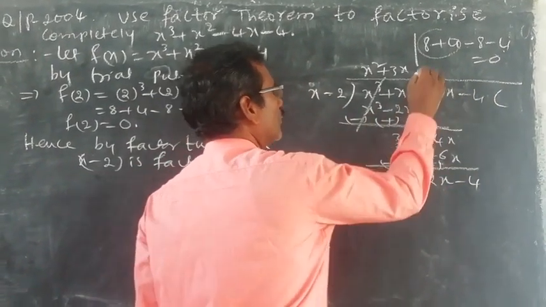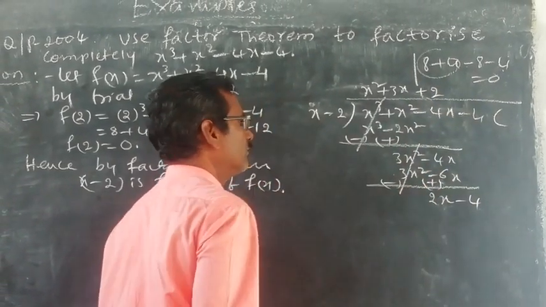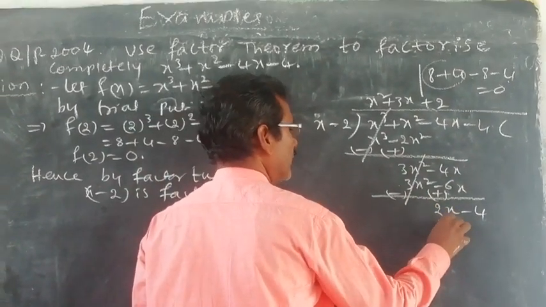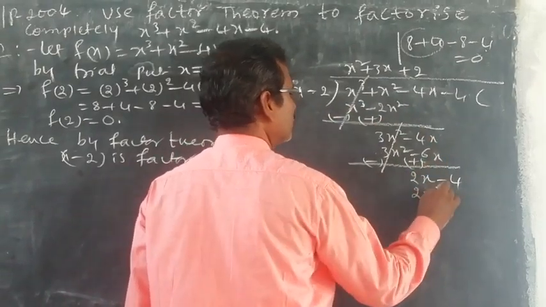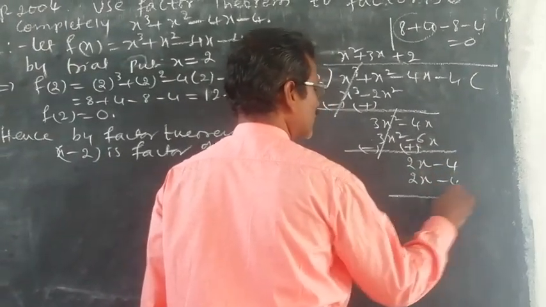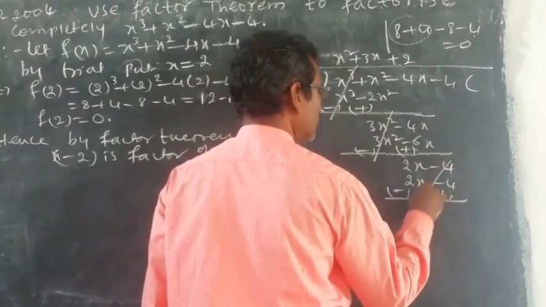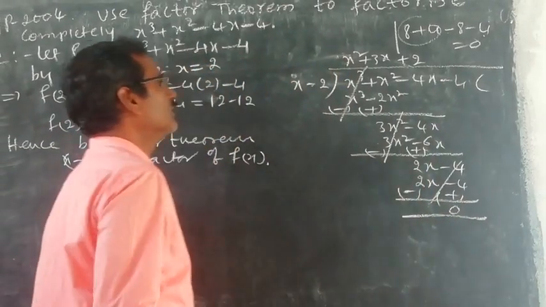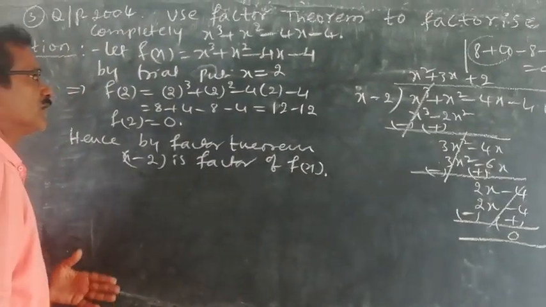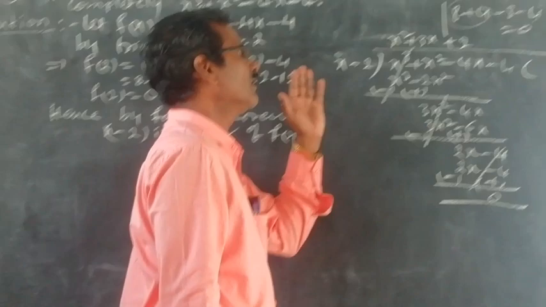Now here it is plus 3x. 3x into x is 3x square, 3x into minus 2 is minus 6x. Plus becomes minus, minus becomes plus. This will get cancelled. This is 2x plus 2x. Then take the minus 4. Now here is plus 2. Multiply by x minus 2: 2 into x is 2x, 2 into minus 2 is minus 4. Subtract. This becomes minus and plus. This will get cancelled. Now what? As usual, what do we write?